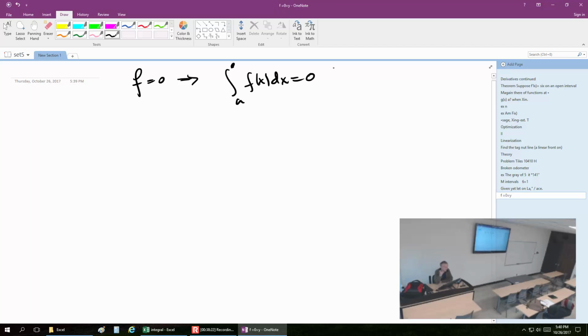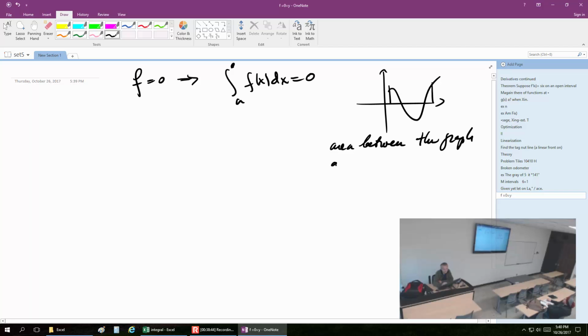So the area under the graph, by the way, is a little bit of a misnomer, because once we understand that the function can go below the x-axis, it's not below anymore. It's probably better described as the area between the graph and the x-axis, right? So that makes more sense. So this is positive, and then this is negative.